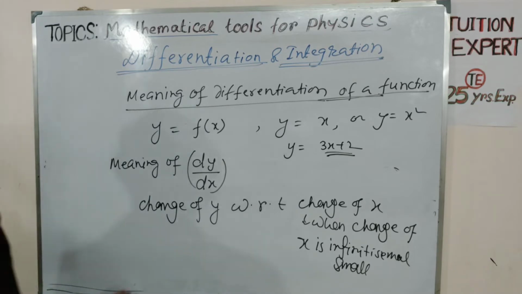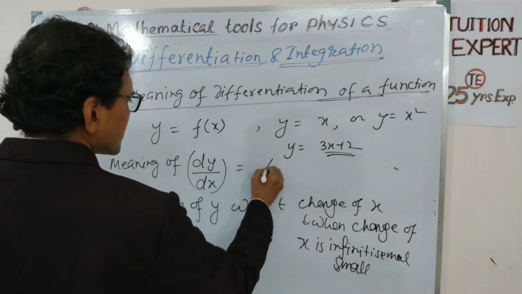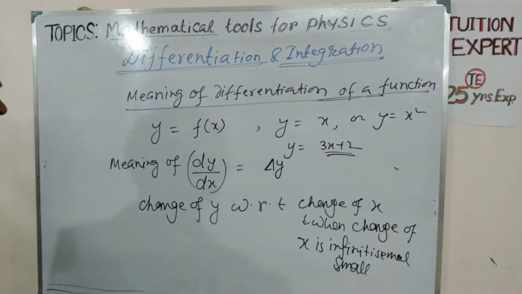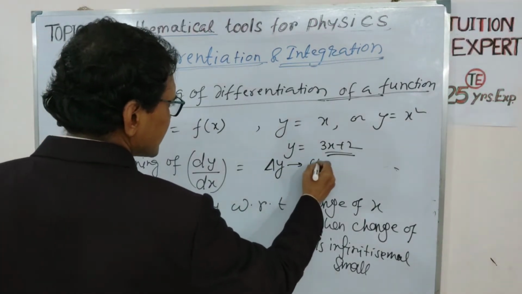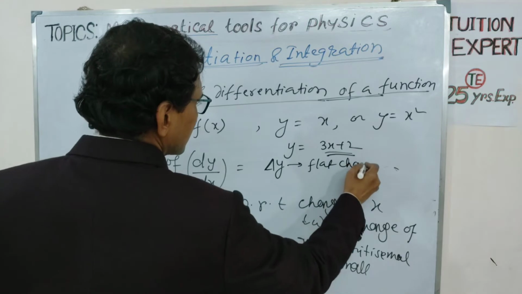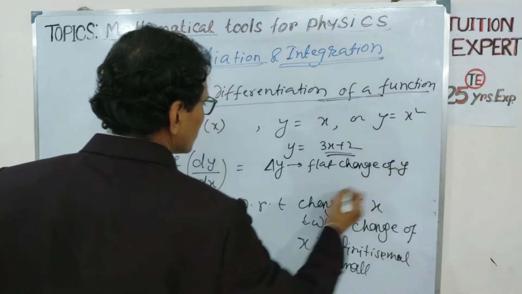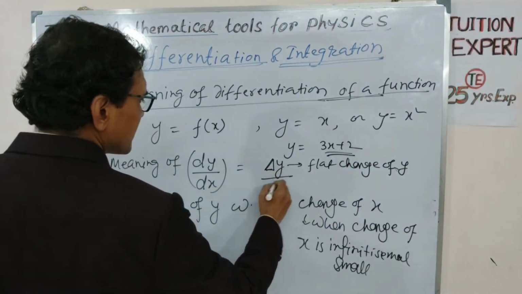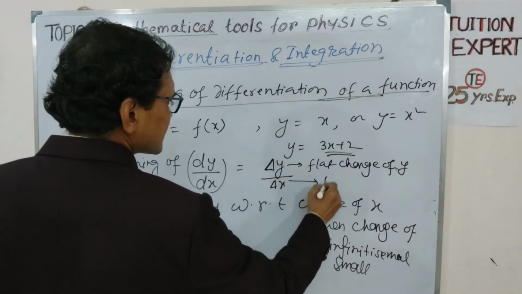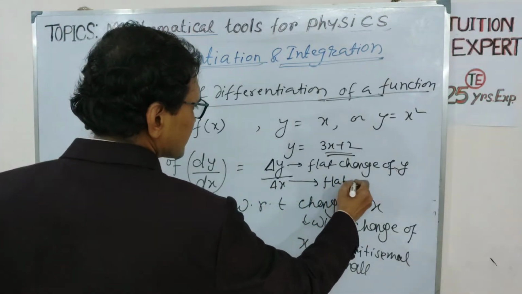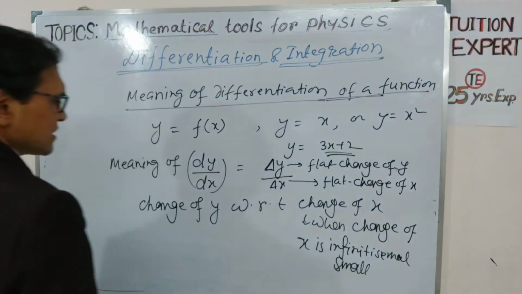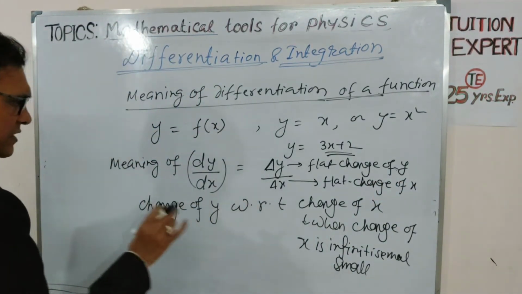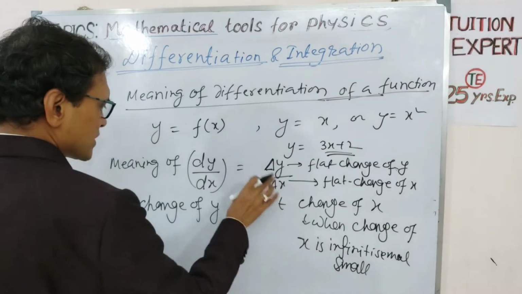We know change means del y. Del y means a finite change of y, divided by del x, which is the finite change of x. A finite change means the gap is a value that is not very small.